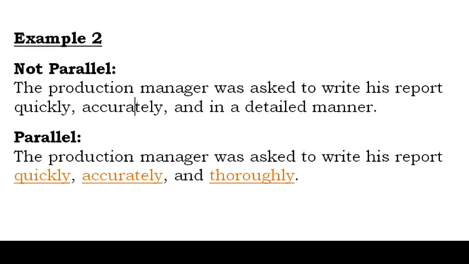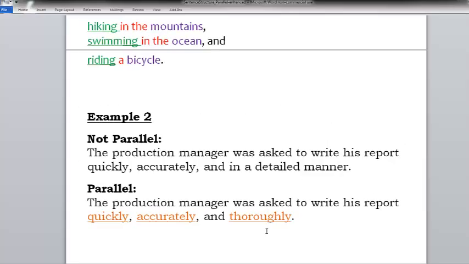Here's the parallel example. The production manager was asked to write his report quickly, comma, accurately, comma, and thoroughly. Notice that each one of these ends in an ly, and that is the part that makes this sentence parallel.